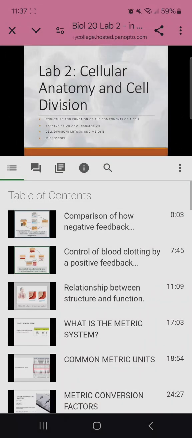Lab 2 has a lot of information, but not information that you've never seen before. It's kind of like a review from Bio 5, okay? The only thing is, this takes like 4 or 5 labs in Bio 5, but we're gonna do it in 1 lab in anatomy, okay?